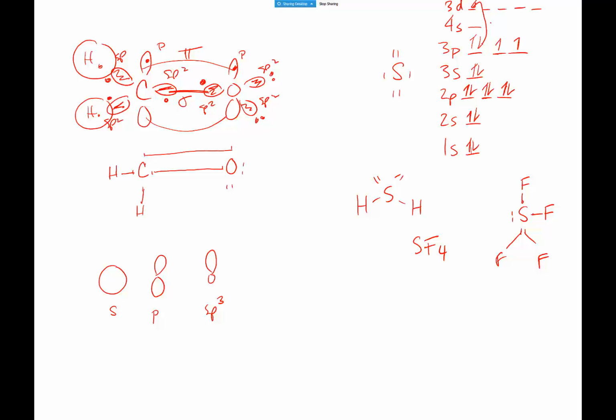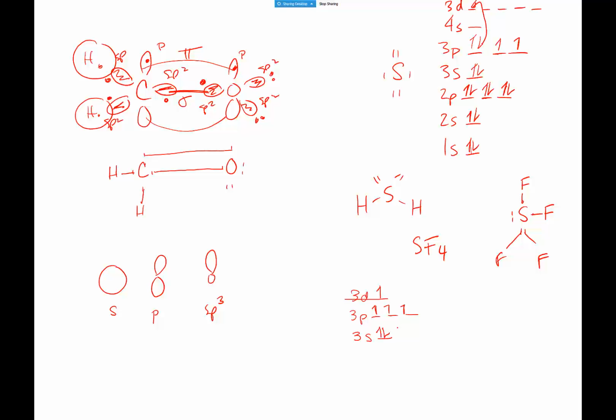So what I'm now going to do is take my 3d with its 1 electron. I'm going to take my 3p that now has 3 unpaired electrons, and I'm going to take my 3s with the pair of electrons. I'm now going to mix those all together. And I mix orbitals, not electrons.